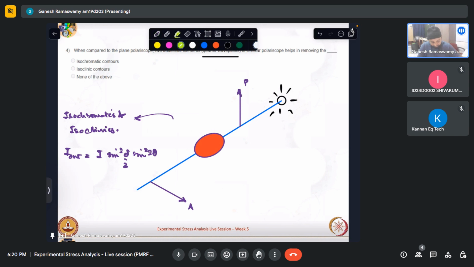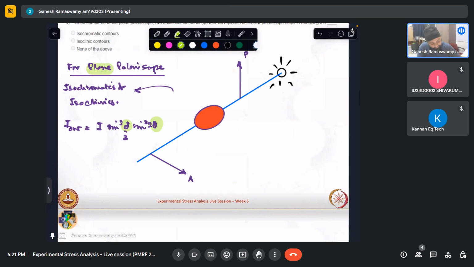So it has a dependence on theta as well as delta for the case of plane polariscope. And why do we call it a plane polariscope? Because we are impinging plane polarized light onto the model.